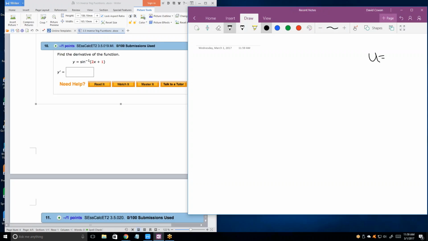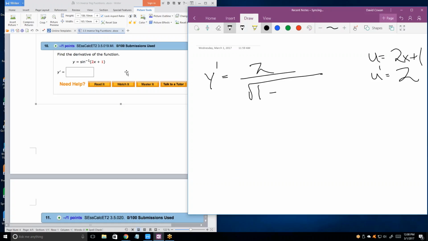Okay, so u is 2x plus 1. What's u prime? U prime is just 2. So if y is that function, what is y prime? Y prime is 2 over the root of 1 minus, is it 4 or 2x squared?